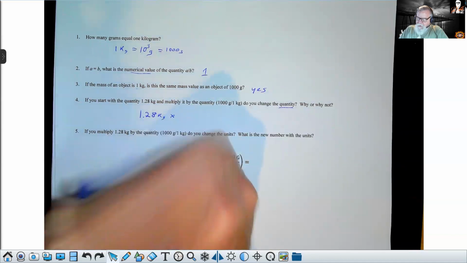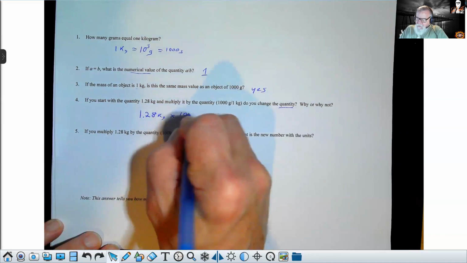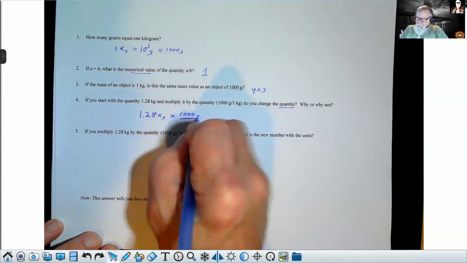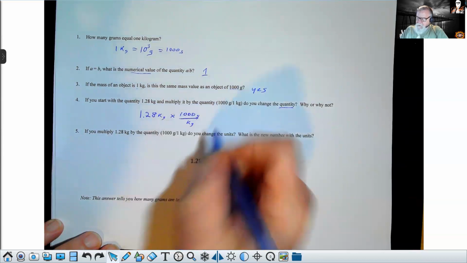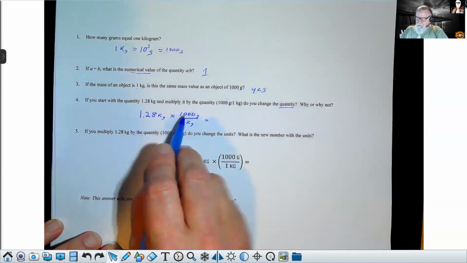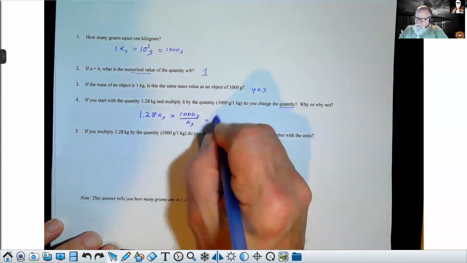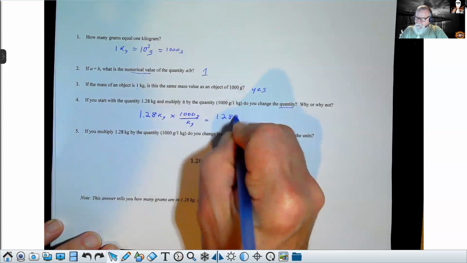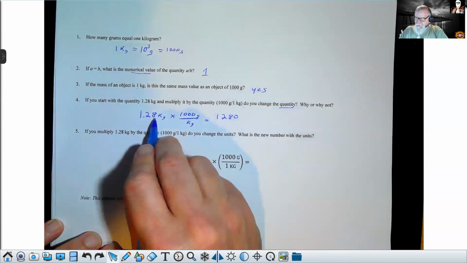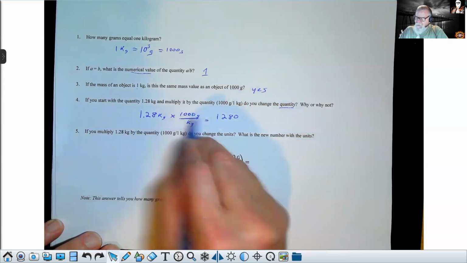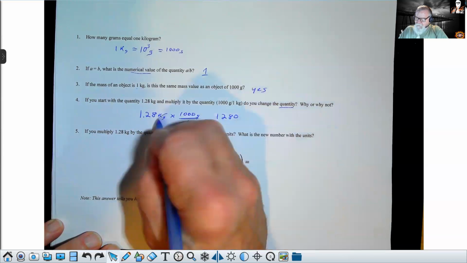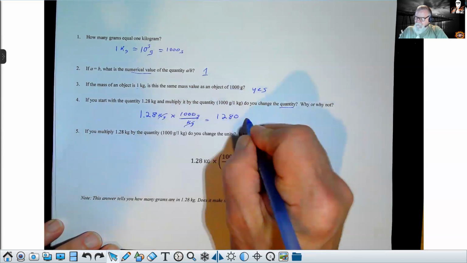We multiply this by 1,000 grams per kilogram. Multiplying this by 1,000 gives us 1,280, right? Because we're going to be moving the decimal 3 places over. And then kilograms cancel out. So we're going to be in grams.